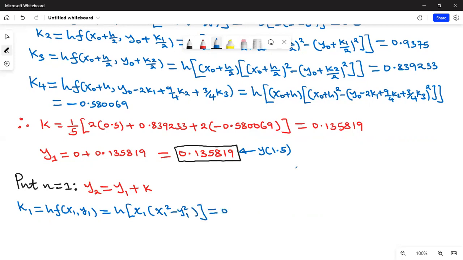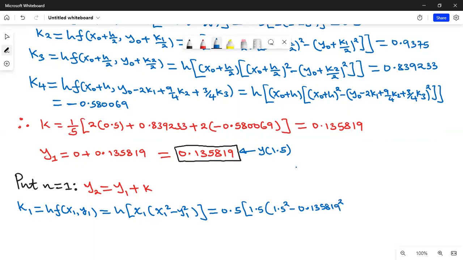Replace the values. h is 0.5, x1 is 1.5, then 1.5 squared minus y1, which we have found to be 0.135819.